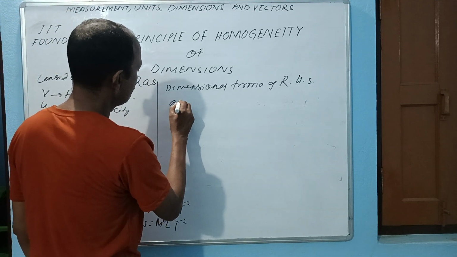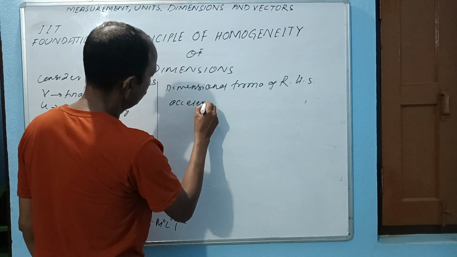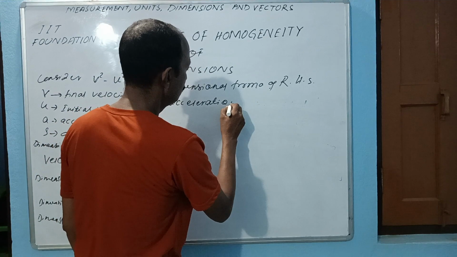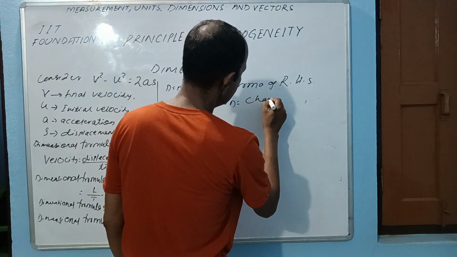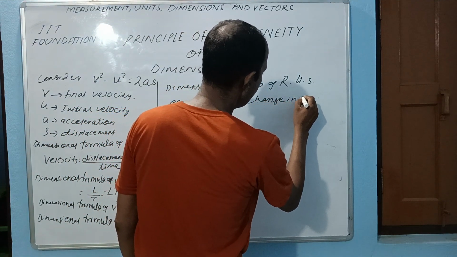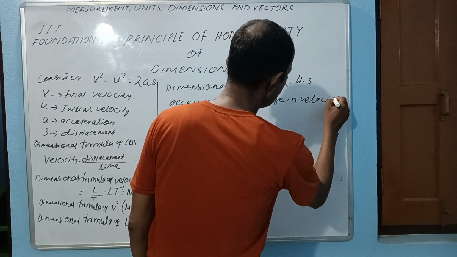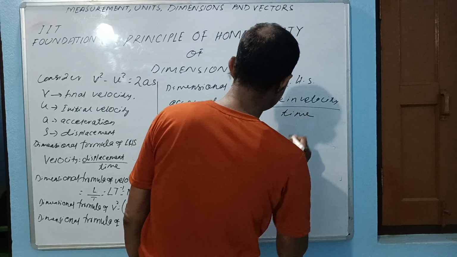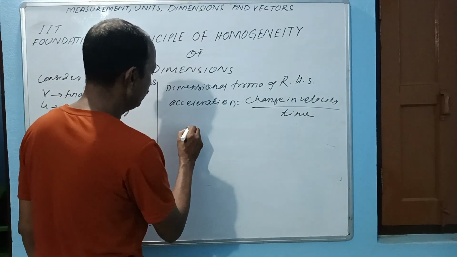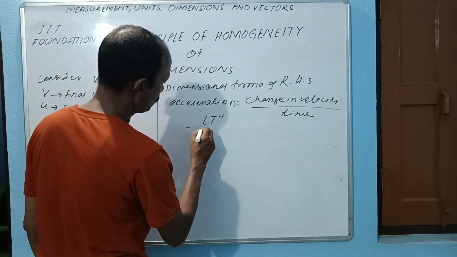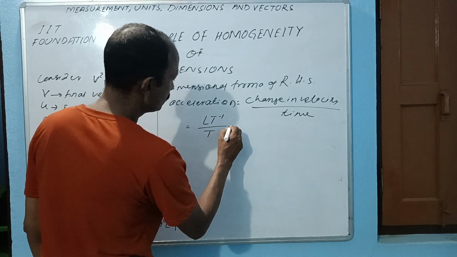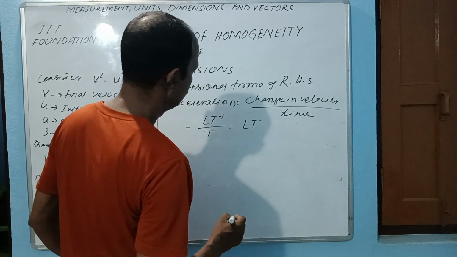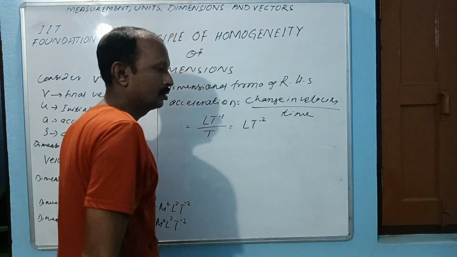So acceleration is equal to change in velocity upon time. So velocity, what we got? Velocity L t to the minus 1 divided by t is equal to L t to the power minus 2.